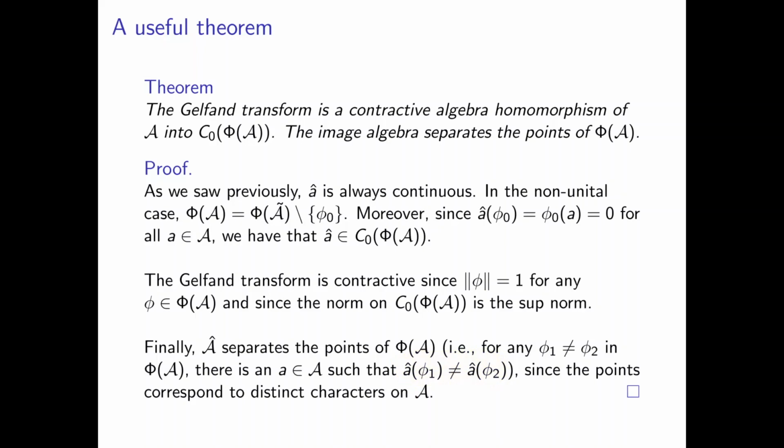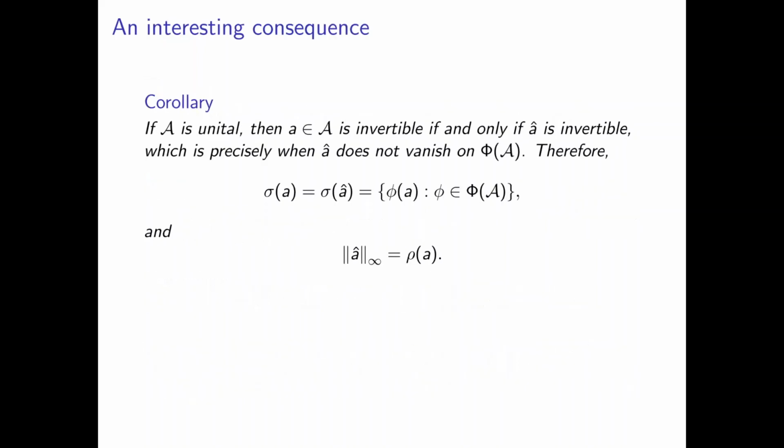That's it. So it's not a very difficult statement to prove, but it is important, and it has some useful consequences. And one of them is the following, which we are also going to need when we want to prove our main theorem. And it's this corollary that if A is a unital Banach algebra, which is commutative, of course, then an element a is invertible if and only if a hat is invertible as well, which is precisely when a hat does not vanish on this set of characters here.